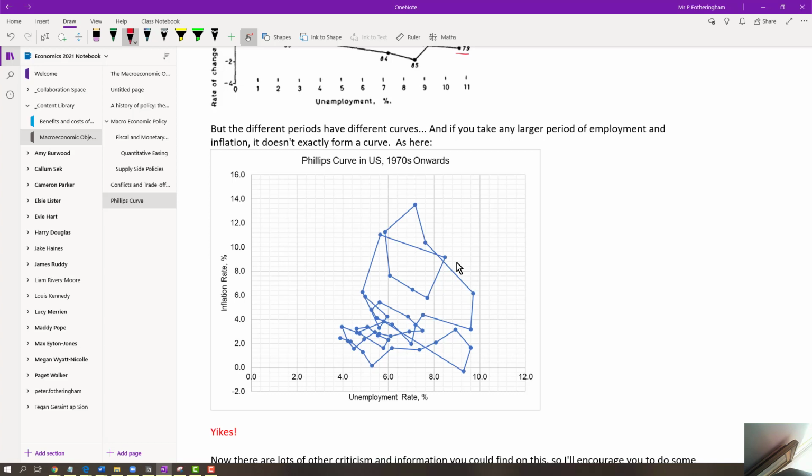So here on the screen is the 1970s till 2005, I think. And I don't know if any of you can tell or not, but this does not approximate a curve.